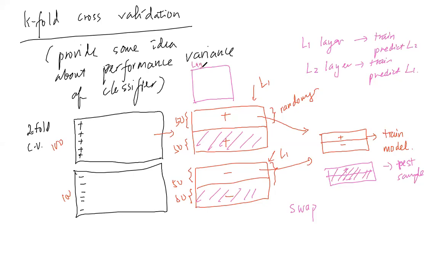Layer 1 used for test sample, layer 2 used for test sample. So you can have your sensitivity, specificity, accuracy, or whatever. Maybe F1, maybe also AUC. Because you got 2 layers here, you can calculate the variance, and its standard deviation.